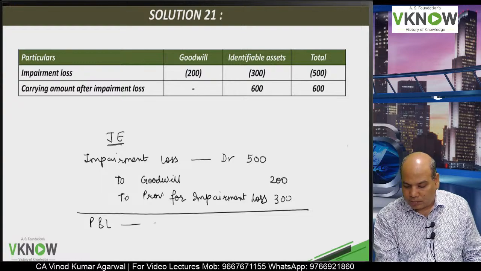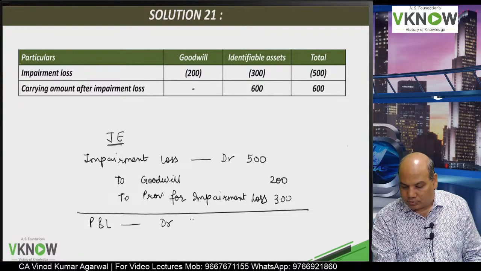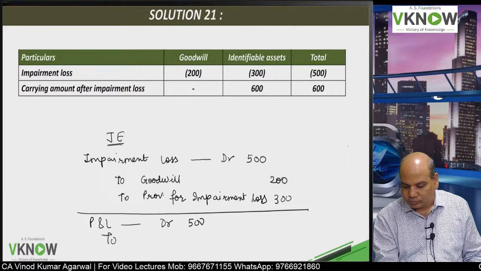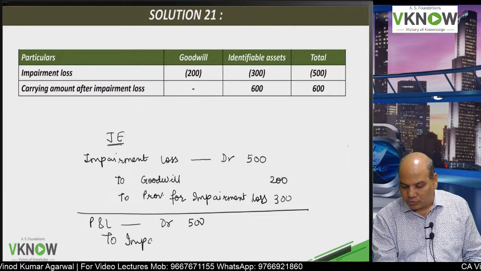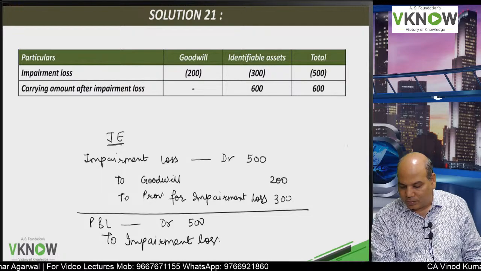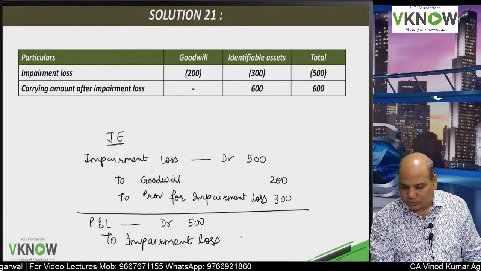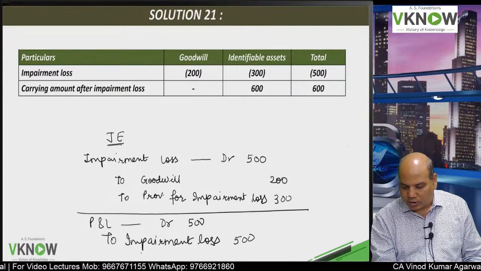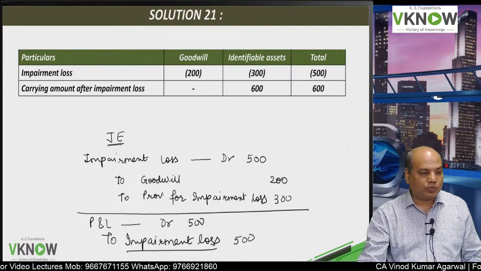And the second entry, profit and loss account debit 500. Please note it down. To impairment loss 500. Impairment loss will be transferred to P&L account.